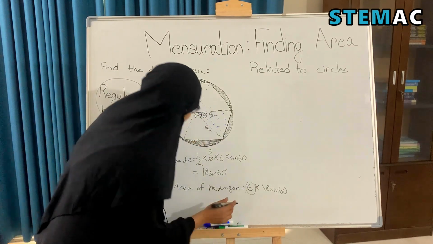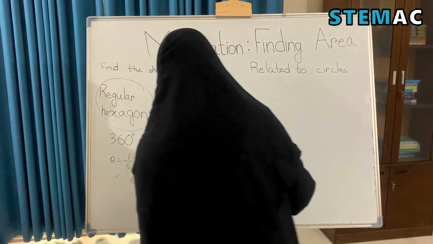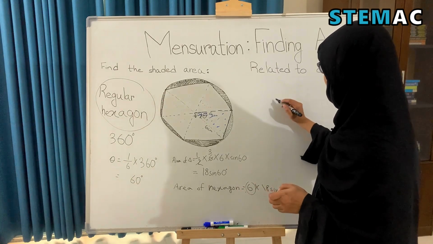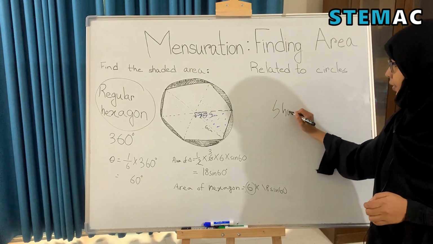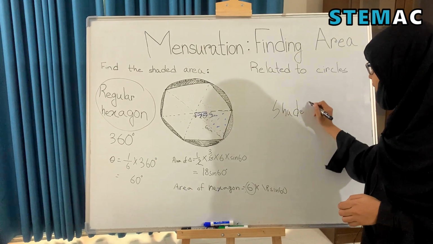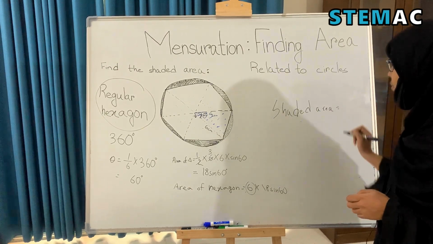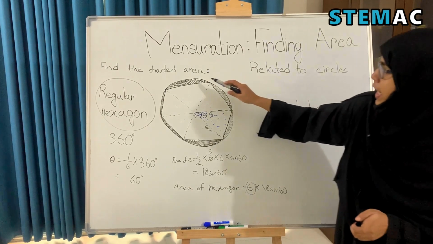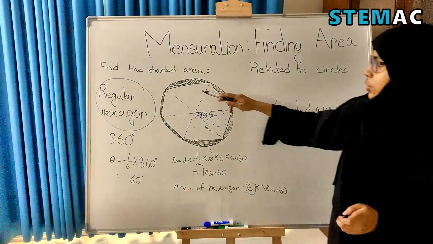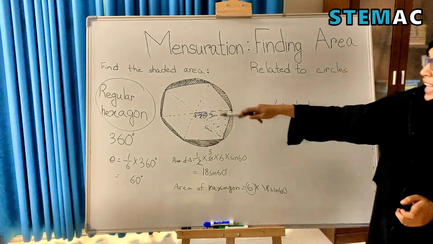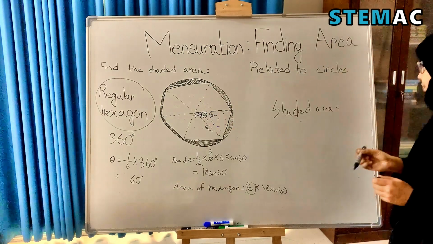So to find the shaded area, we can write shaded area equals area of circle minus regular hexagon, because we are removing the hexagon from the whole circle.